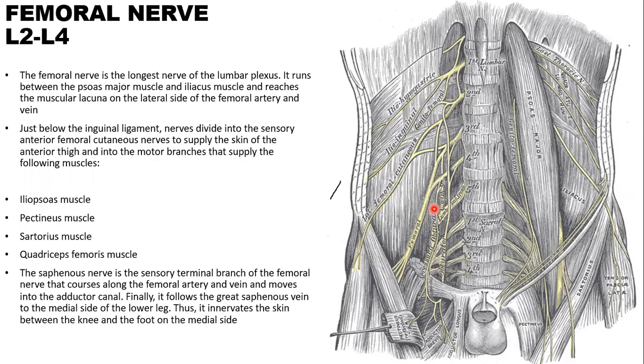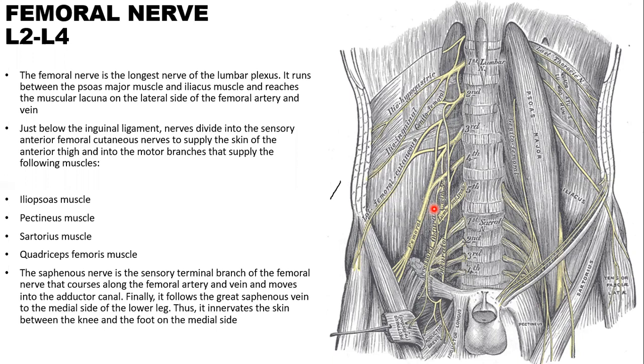The femoral nerve. The femoral nerve is basically equivalent to the musculocutaneous nerve of the upper limb. It is the longest nerve of the lumbar plexus, and it runs between the psoas major muscle and the iliacus muscle until it reaches the muscular lacuna, on the lateral side of the femoral artery and the femoral vein.